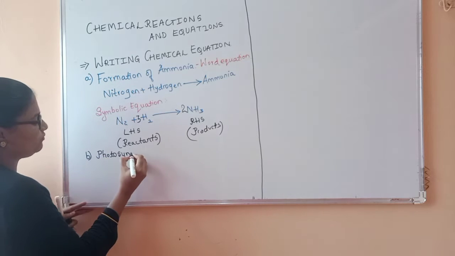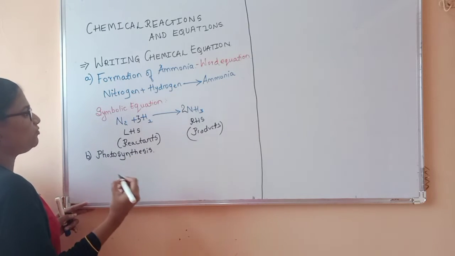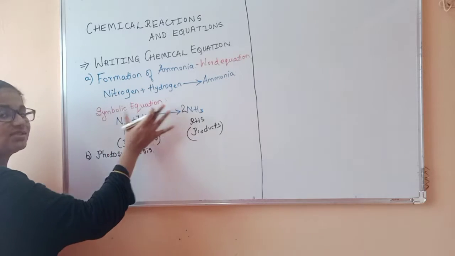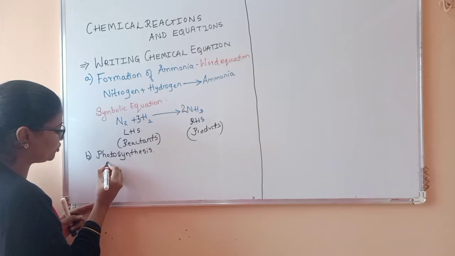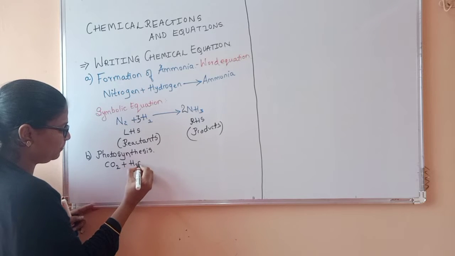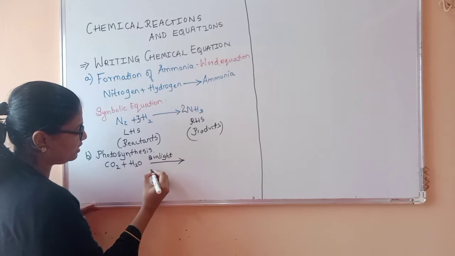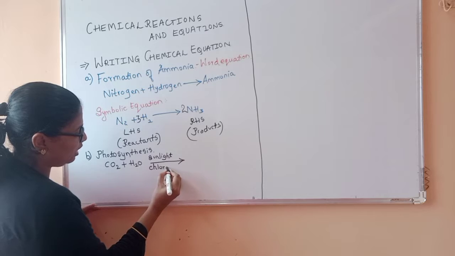Now, the photosynthesis reaction. In photosynthesis, what happens? Let us write directly the symbolic equation. Carbon dioxide reacts with water in the presence of sunlight. The condition should be written above and below the arrow mark.